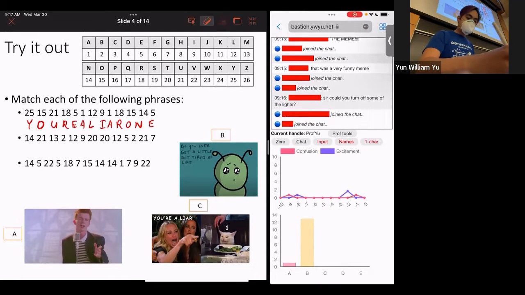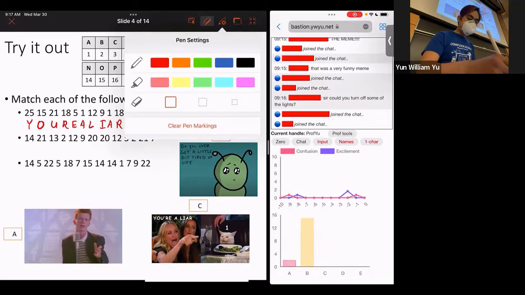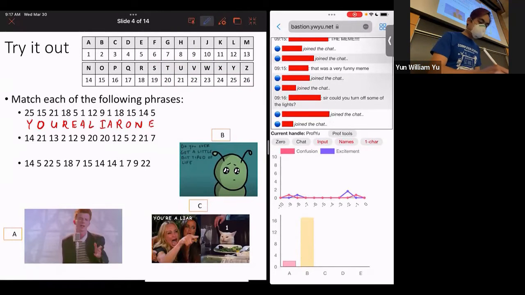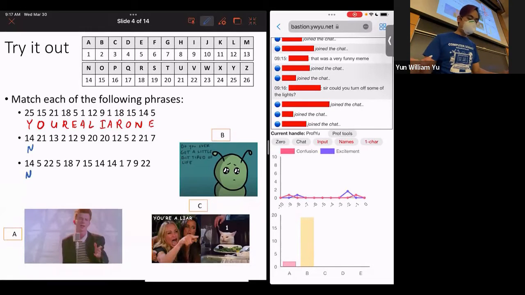Well, what does this correspond to? 14 is an N, right? But of course, that N is the same on both of these, so it doesn't really help you too much. What is 21?